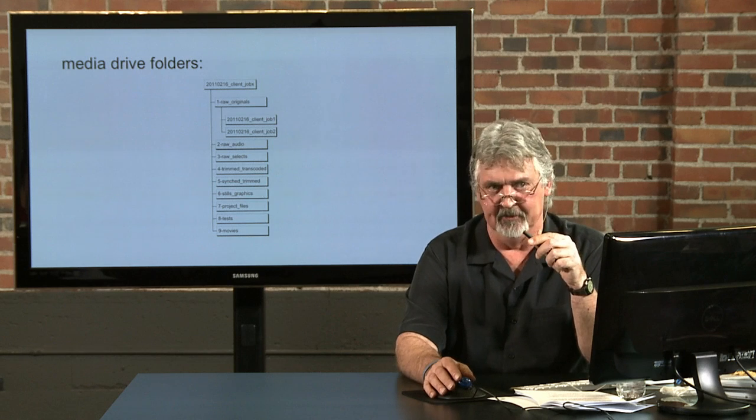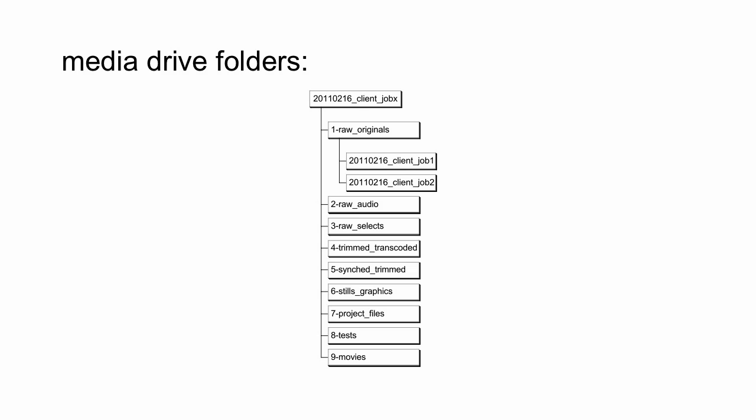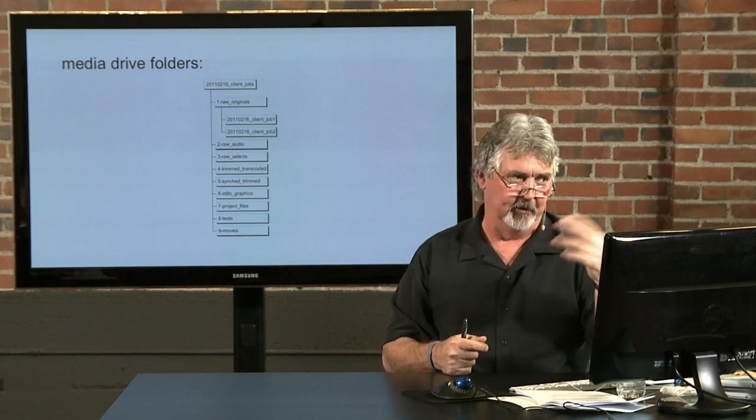Having it like this, I'm not accidentally putting transcoded files into my raw files, or my originals into my selects, or doing things that are going to really confuse you. I have a tendency to create a lot of test files when I edit. I'll get done with something saying, wow, I wonder what this really looks like other than this little window. So I'll burn a QuickTime and throw it into my test folder.